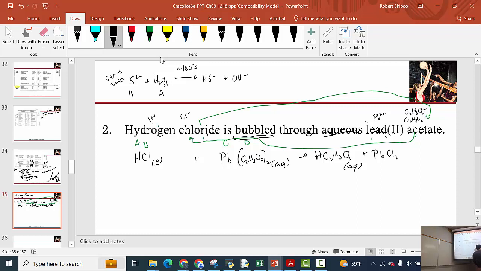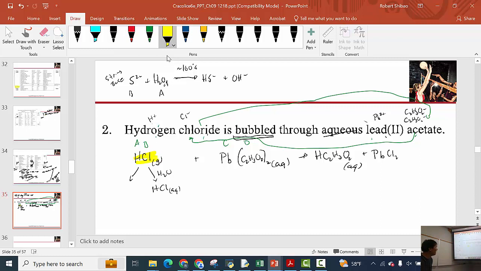So we're forming acetic acid. So over on the product side, we have acetic acid. Over on the reactant side, we have hydrogen chloride. Well, hydrogen chloride, if you bubble it through water, do you know what's going to happen? If we bubble hydrogen chloride through water, it dissolves in water, and we form HCl(aq). HCl(aq) is called hydrochloric acid.